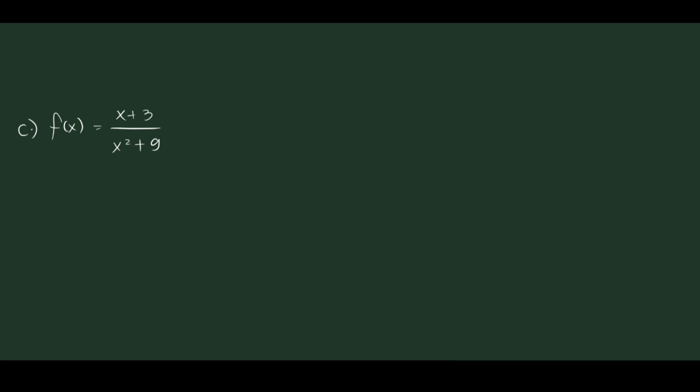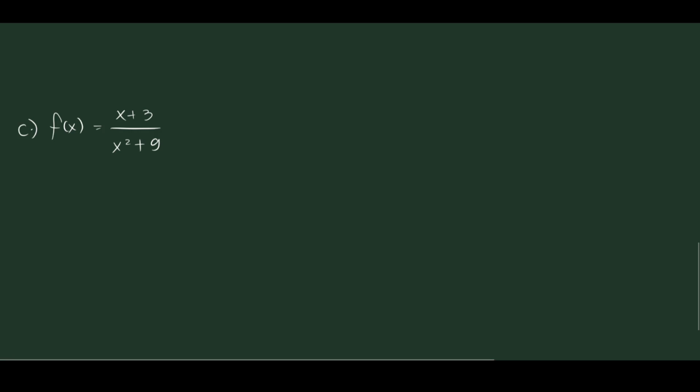So what real numbers can you think of that will make the denominator 0? Are there any? It turns out that there is none, because no matter what real number you choose, this will never be equal to 0 because it's squared. And if you choose negative numbers, it will get squared. So you cannot find any real number.